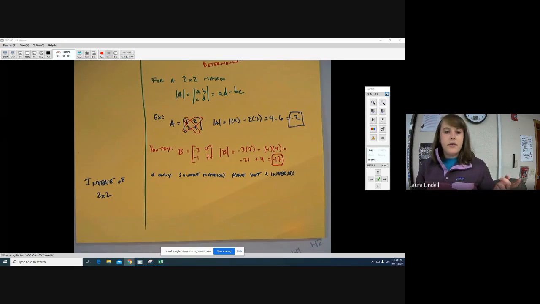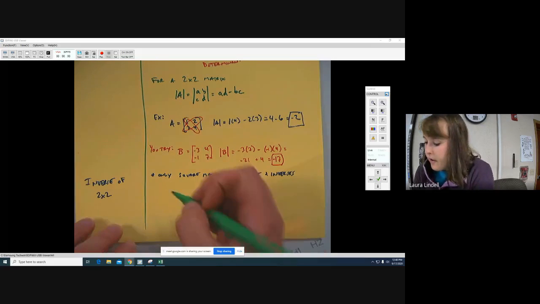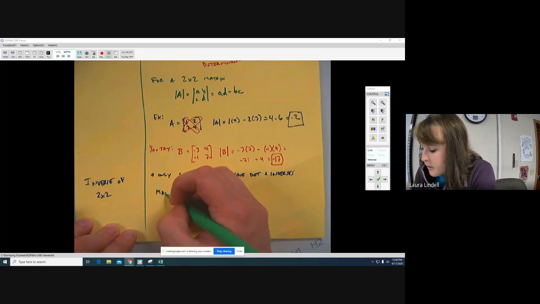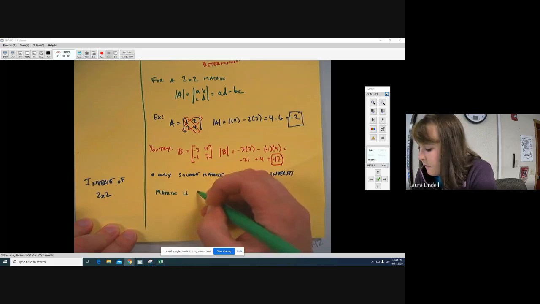So first of all, if we're going to find an inverse, we have to figure out if it's going to be invertible or not. So here's the rule.